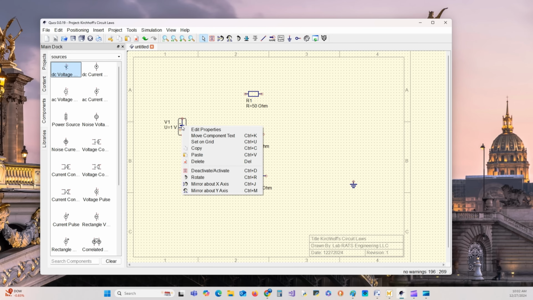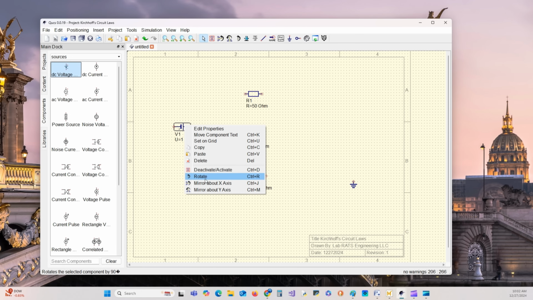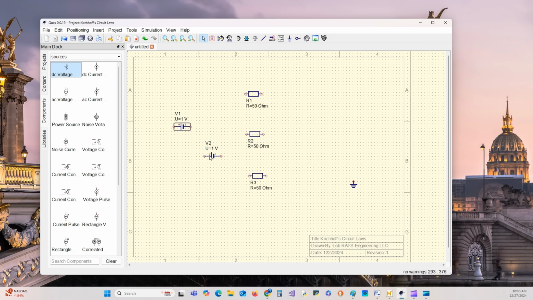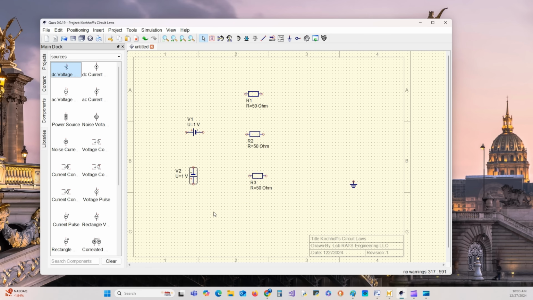VDC1, we want the polarity. I have to rotate it to make it look like the schematic. All right. This needs to rotate 180 more degrees. Rotate twice. All right.